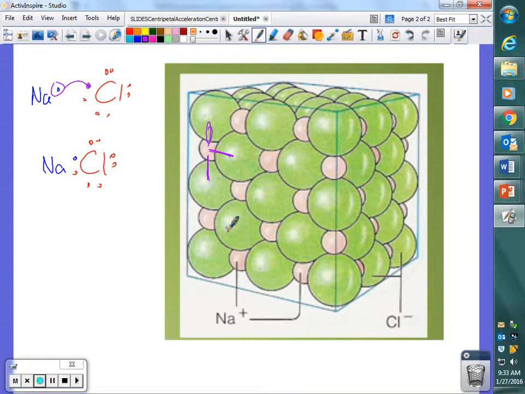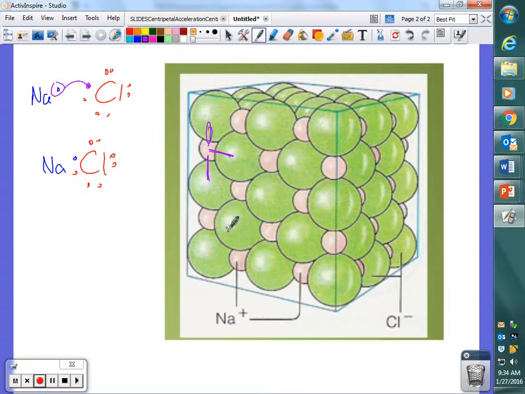When we have this ionic solid, while there is a 1-to-1 ratio of sodium to chlorine, we can't say specifically that this sodium is bonded to this chlorine, or this sodium is bonded to this chlorine. Why? Because it's not really like that. It's just a bunch of positive ions and negative ions all matched up together in this big structure.